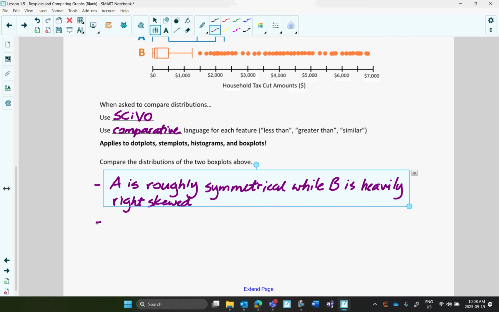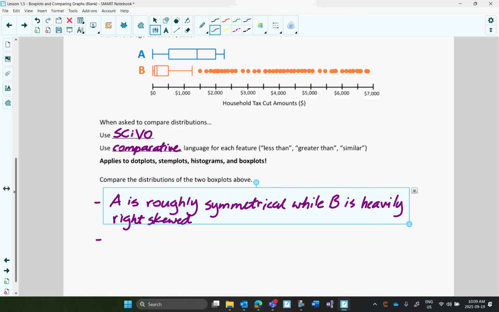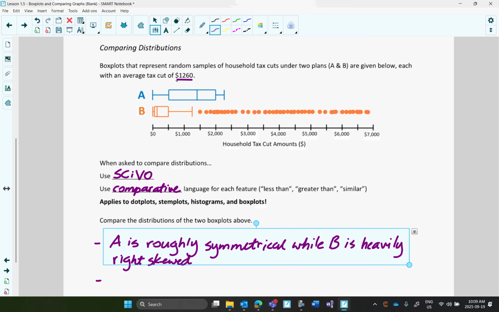You actually know a couple of measures of center, don't you? What are their means? Look at the question. Yeah, 1260. So their means are equal.